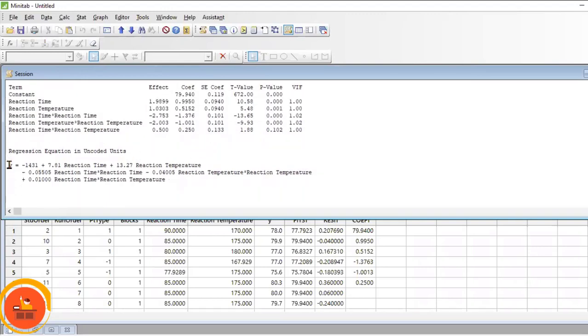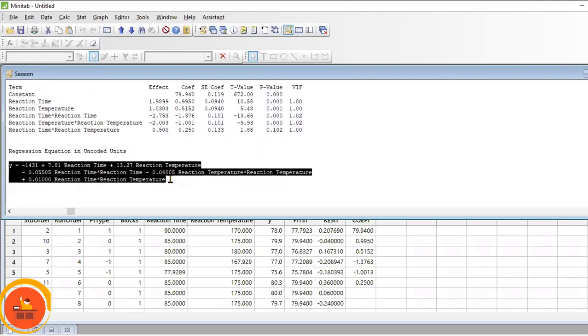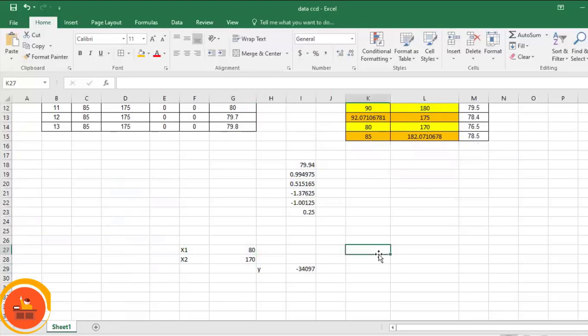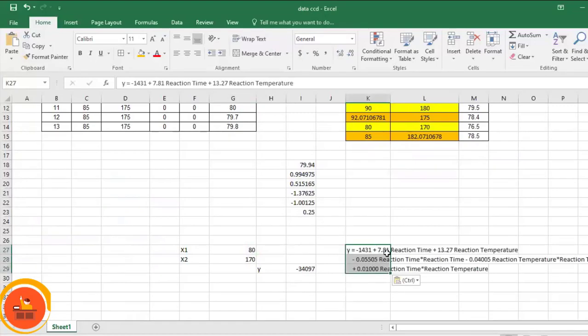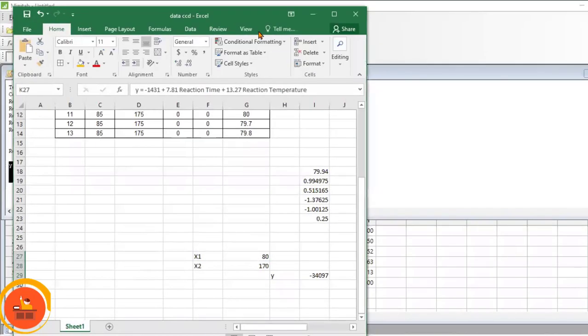Now if I copy this equation, just for showing the difference, I can differentiate how we are getting the values. See, the same thing I am using.